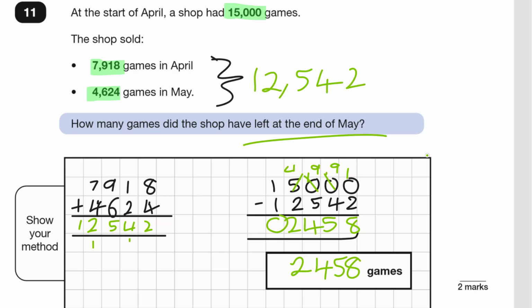So the other way you could have done it is you could have done your 15,000 and subtract your 7,918 to get your answer.